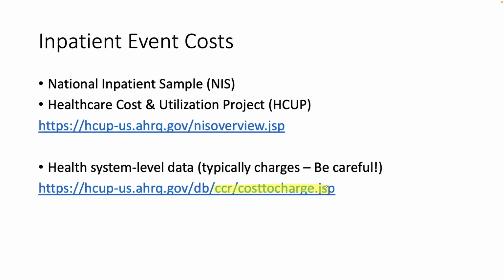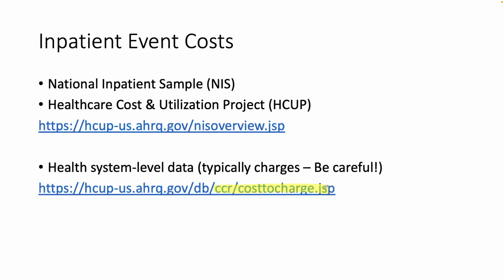So charges are what we charge the insurance, and costs are what they actually pay. And they typically pay a negotiated or a discounted rate. So let's say we bill $1,000 to the insurance for a hospitalization, and then they pay $500 based on that discounted rate or negotiated rate for that event. That we have a 50% cost to charge ratio.